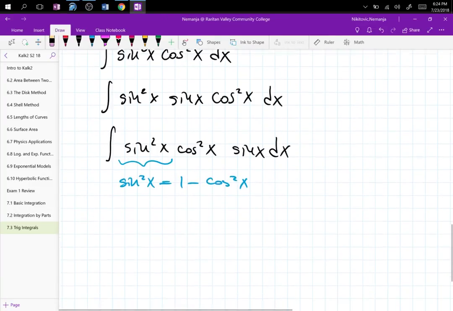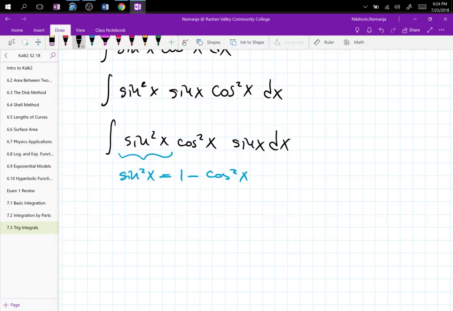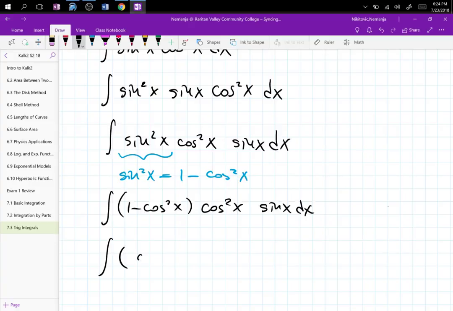So our integral now becomes 1 minus cosine squared x times cosine squared x times sine x dx. When I distribute, I get cosine squared x minus cosine to the 4th x sine x dx.